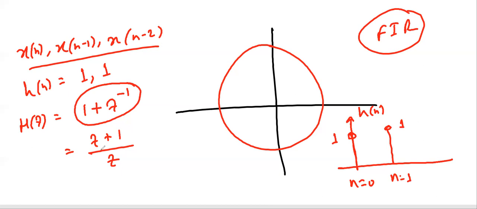So we have already designed this where the 0 location is at -1 and the pole location is at the center. Let me draw it in the red line. So this is the pole location, and that is the 0 location. In all the cases where you don't have any feedback, you always have the poles at the center.